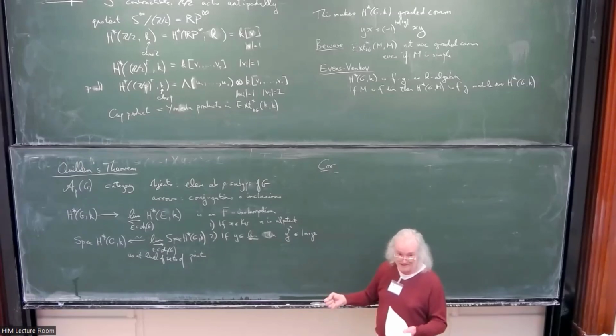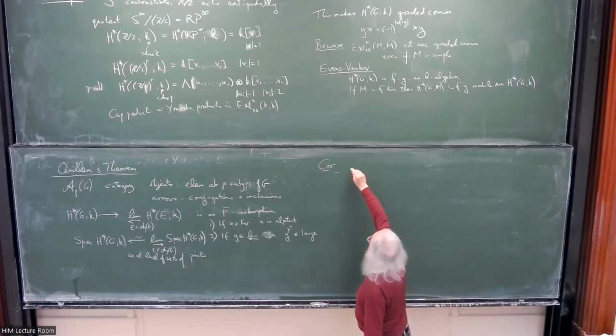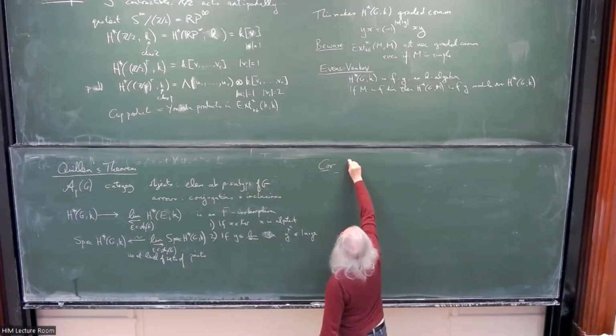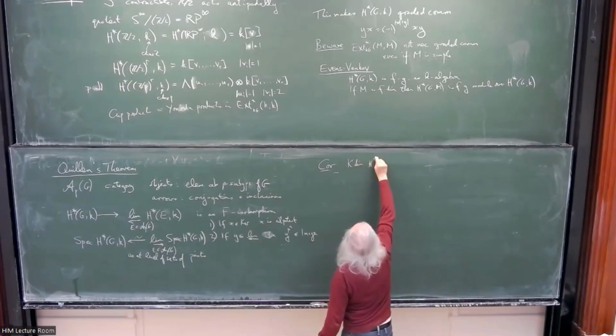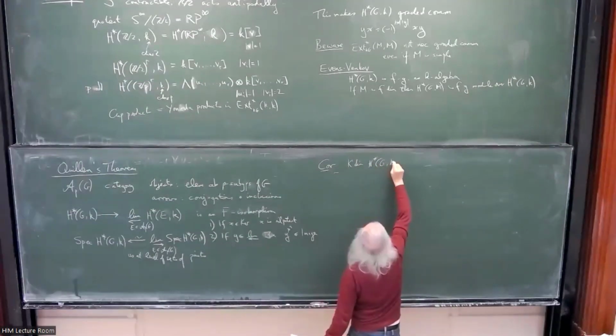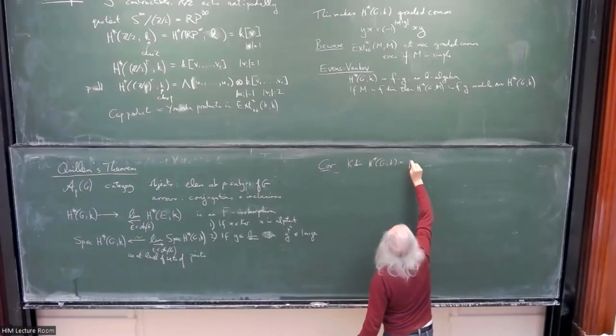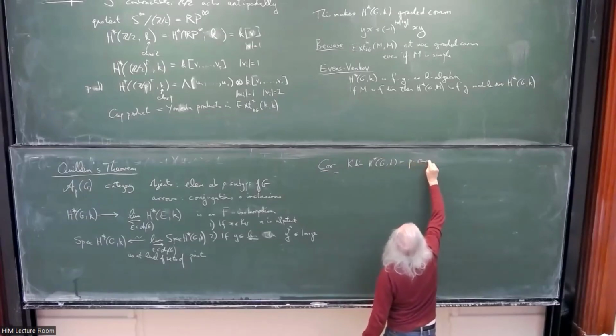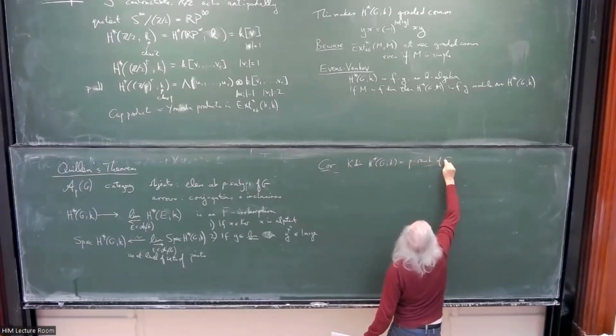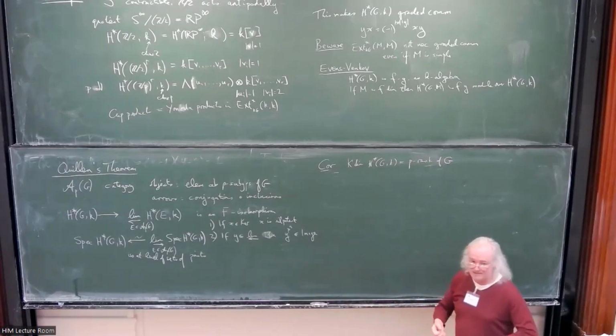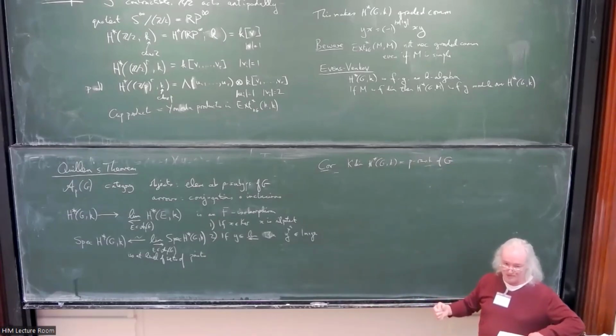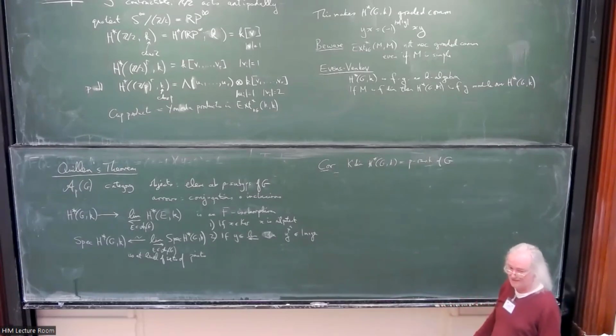Its rank is the Krull dimension. So the Krull dimension of H*(G,k) is equal to what's called the p-rank of G. The p-rank just means the rank of the largest elementary abelian p-subgroup of G.